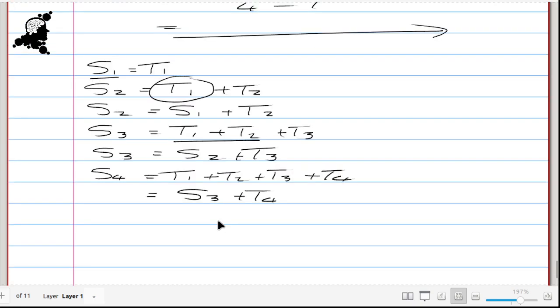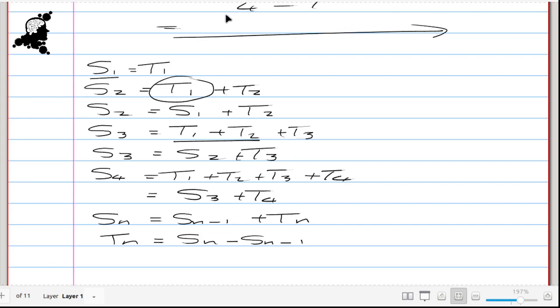So the general rule we can determine here is, to get Sn, I need to say Sn minus 1 plus Tn. And therefore, to get Tn, if I play around with the formula, Sn minus Sn minus 1. How is this helpful to us?